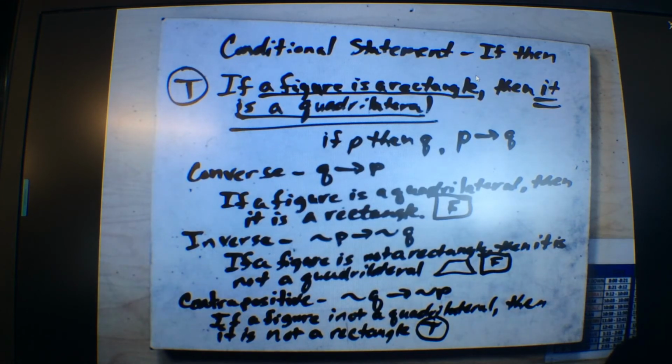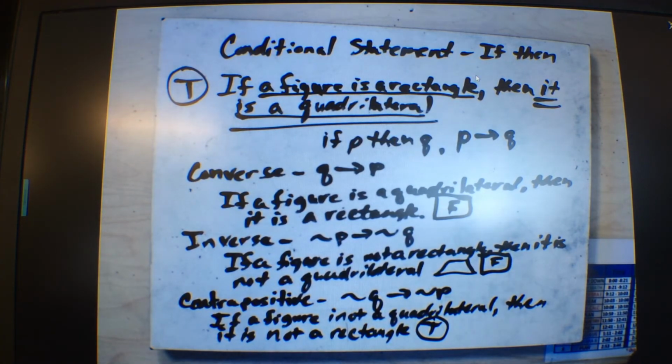So if I take the original and its converse and put them together as a conjunction, you can make a biconditional statement. If they're both true, we have a true biconditional statement.